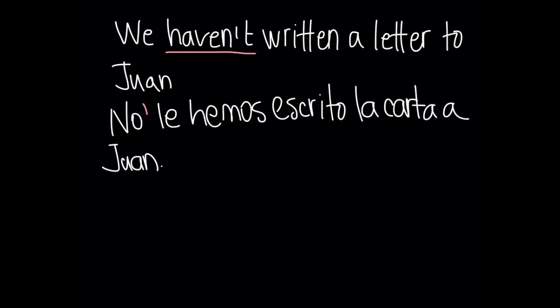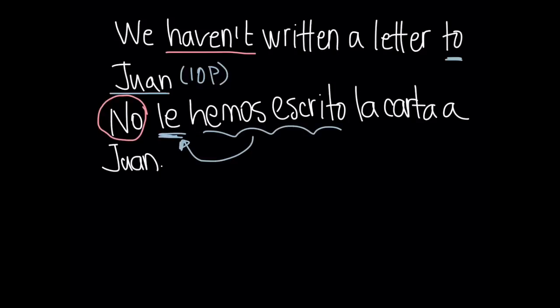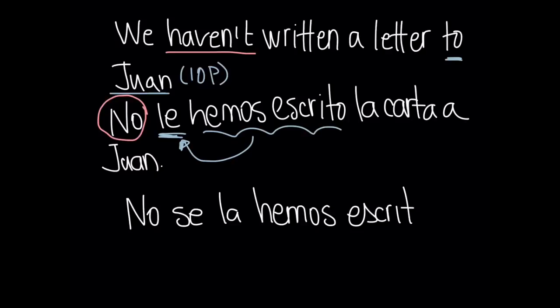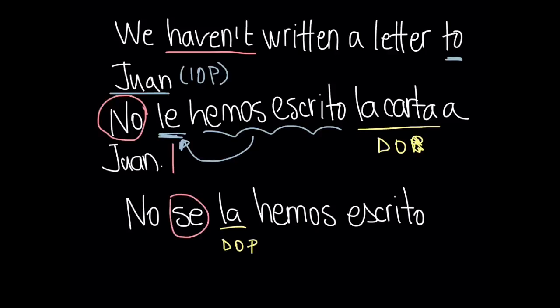So notice that first comes the negation, the word no. Then because Juan is our indirect object, we place the indirect object pronoun before the verb. Now let's say we want to replace la carta. So it will be no se la hemos escrito. No comes first, then the indirect object pronoun, which from le is transformed to se, then followed by the direct object pronoun, and lastly, the verb.